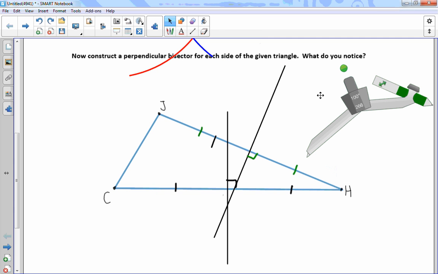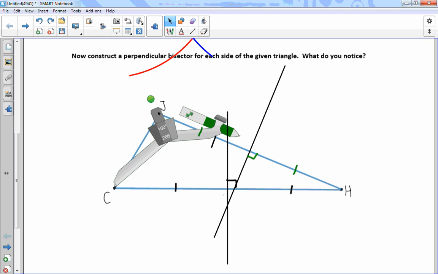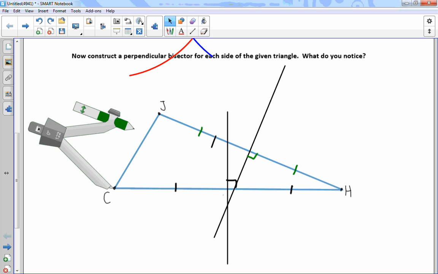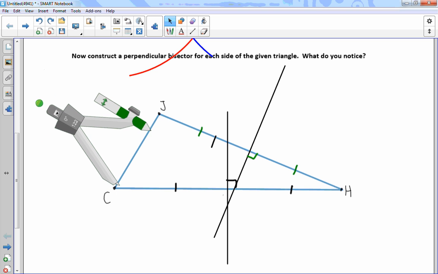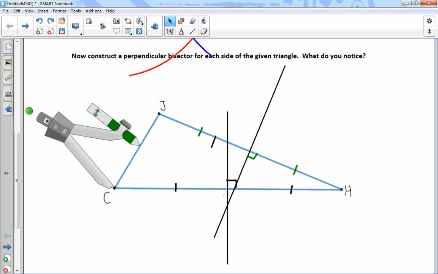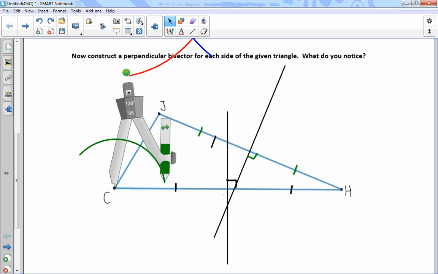Okay, once you have 2, you're ready to go do a third one. We need to bisect CJ. Make sure you're more than halfway. Draw an arc.